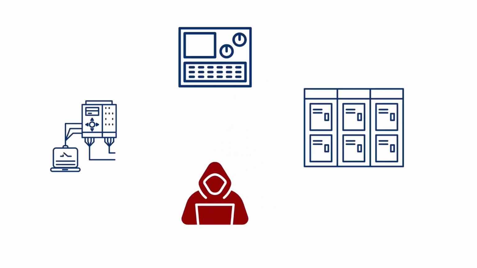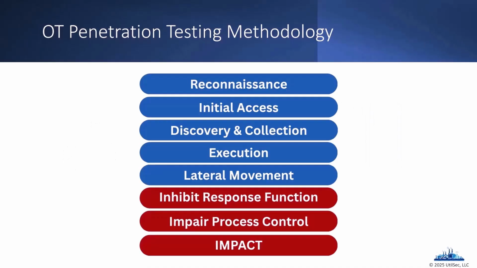What PLCs exist? Is there a DCS? Are there data historians? What HMIs are out there? We're starting to find out what pieces of equipment are out there as far as OT assets, and basic information like, okay, here's an IP address, here's a MAC address. But then we also have to find out more information.